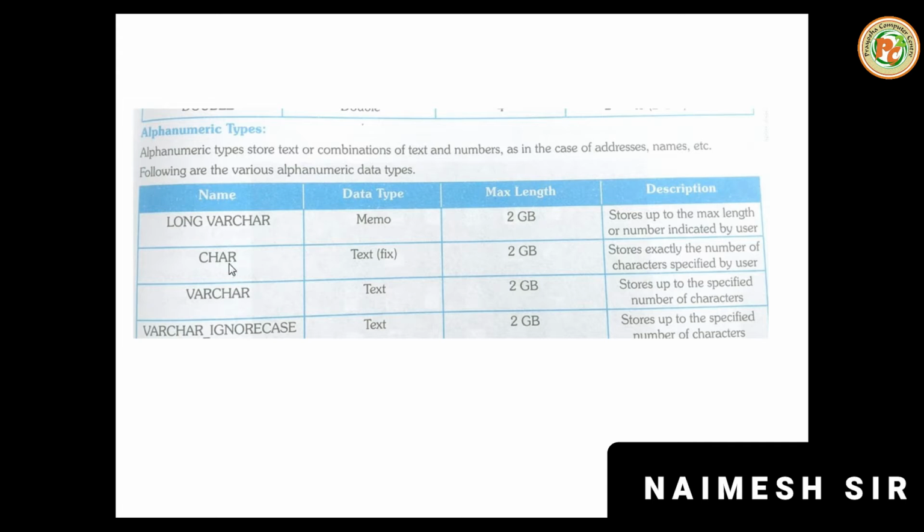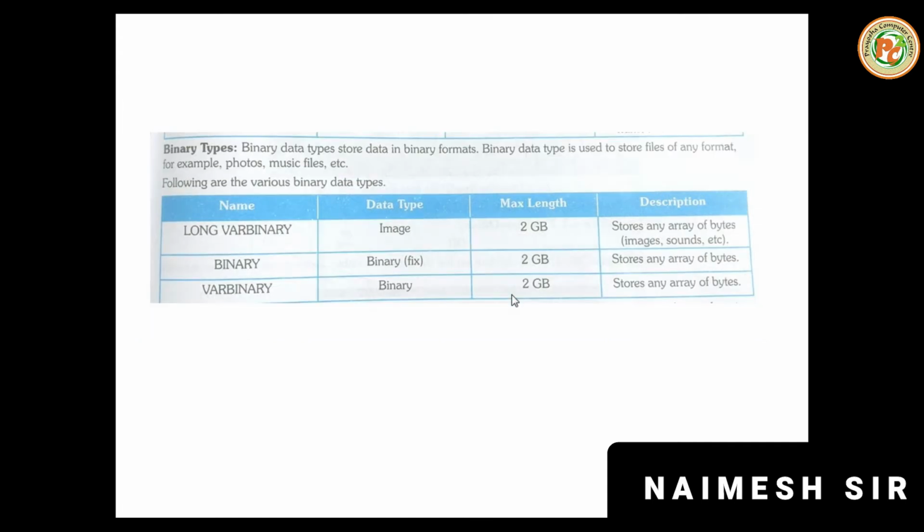Then character is fixed, we can insert text only, and it can store up to 2 GB of data. Then varchar, this is text, and it can also store up to 2 GB of data. And varchar ignore case is also text, up to 2 GB of data. Generally we will use only the varchar text format, up to 2 GB.